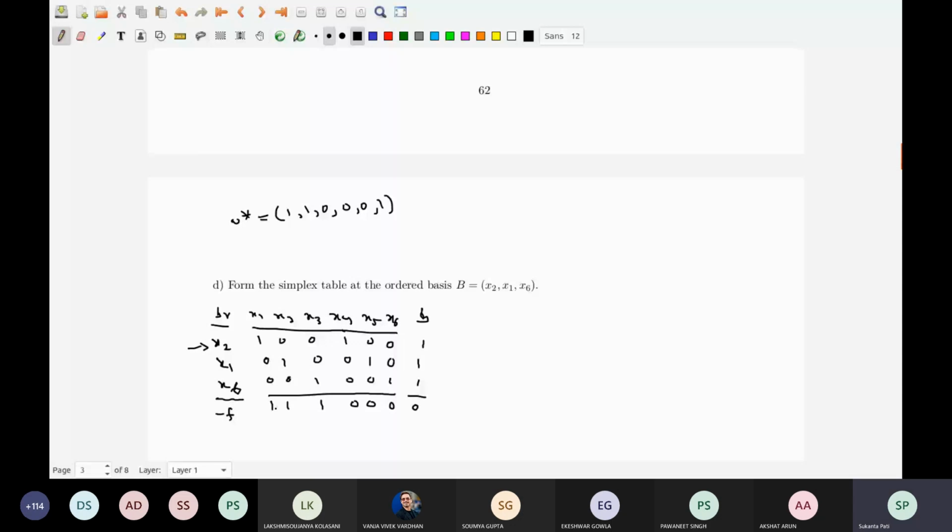Okay. So elementary row operations allow you to interchange two rows.